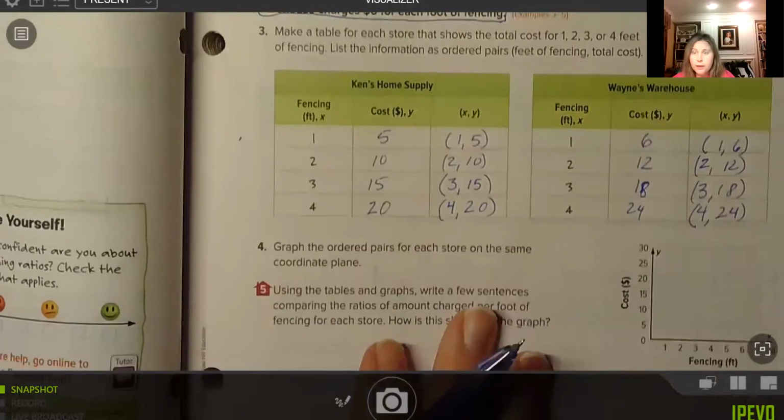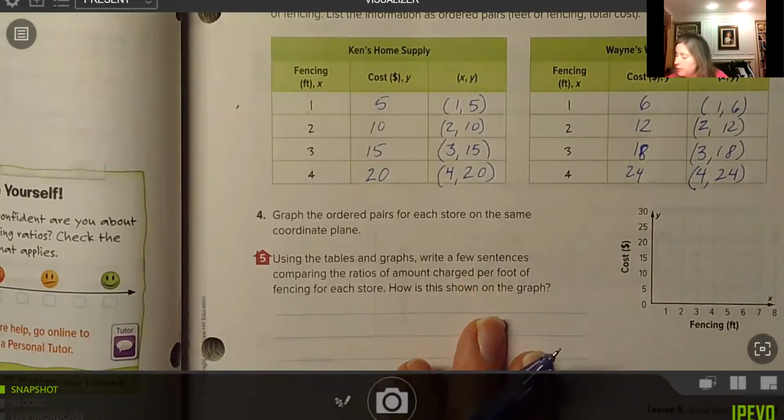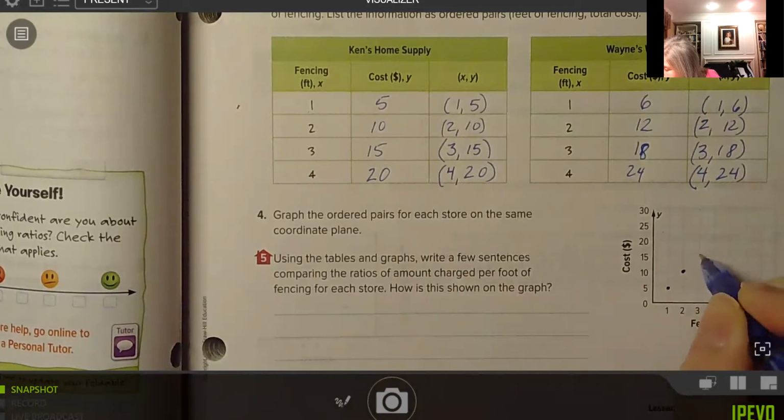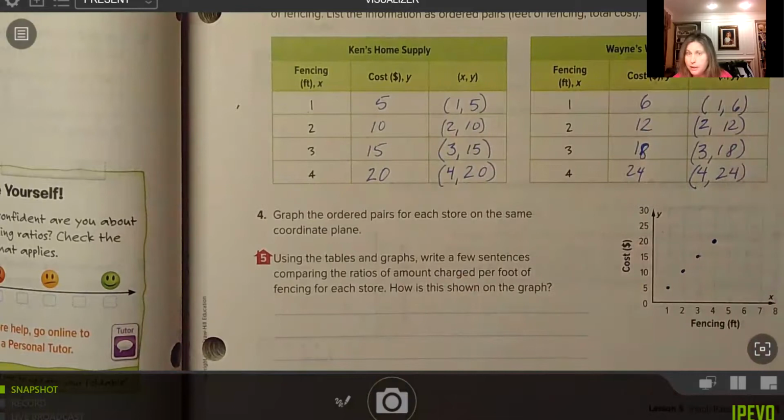So we'll go ahead right here and we'll start with Ken's home supply. We have 1, 5, 2, 10, 3, 15, 4, 20. And I don't have a different color pen other than blue, so I'll use pencil for Wayne.